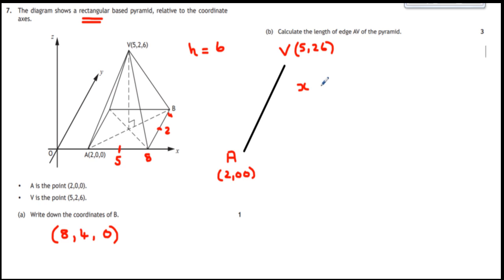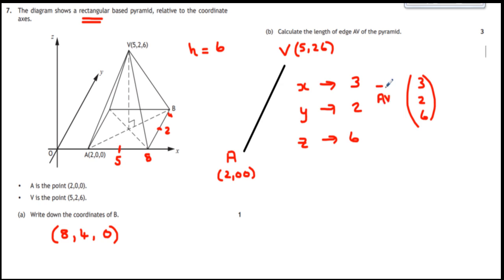If we go from A to V, the x number goes from 2 to 5, so it's gone up 3. The y coordinates have gone from 0 to 2, so up 2. And the z coordinate goes from 0 up to 6, so up 6. So the components of the journey from A to V are 3, 2 and 6.